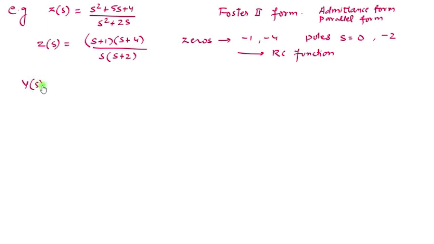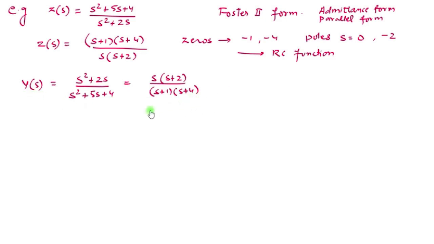We have Y of s, which will be equal to s square plus 2s whole divided by s square plus 5s plus 4, or in the factored form I can write it to be s into s plus 2 whole divided by s plus 1 into s plus 4. Now to synthesize this using the Foster 2 form, it is required to decompose the given network function into smaller network functions.